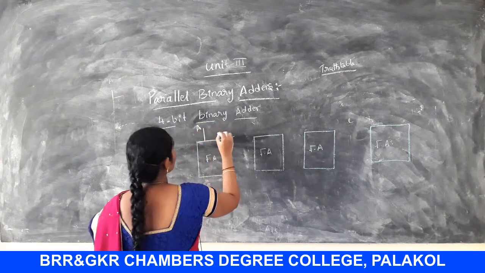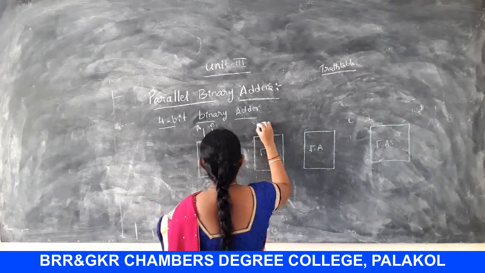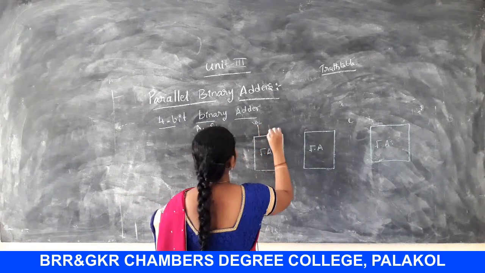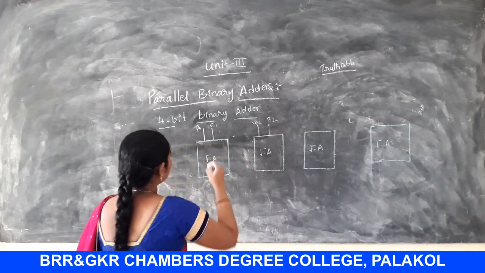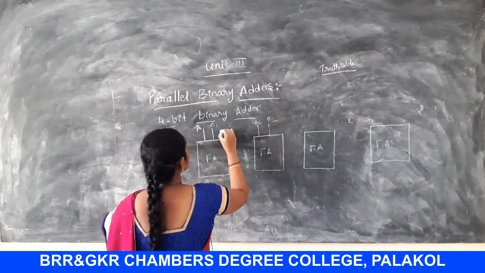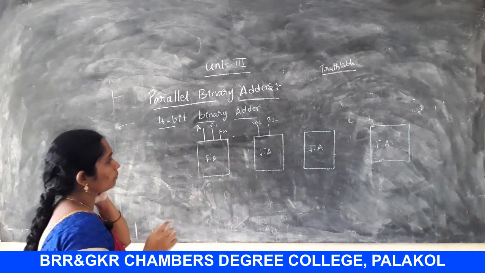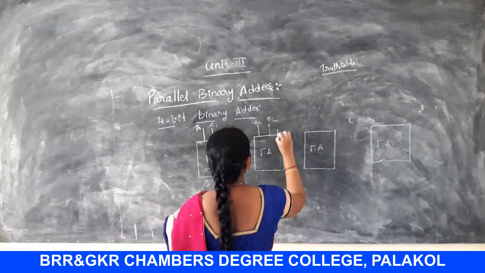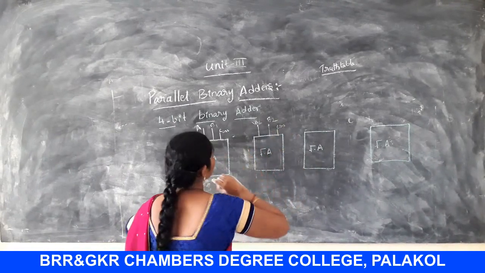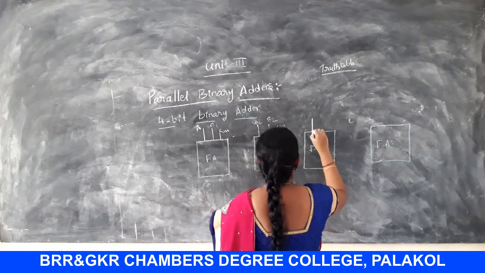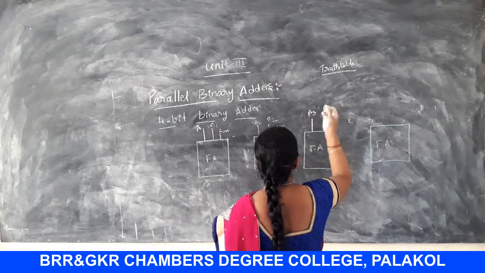So, that is A1 and B1 and this is also A2 and B2. Every full adder has another input, so this is Cin. Next, for example, some Cin2 we will take, and the next one is A3 and B3.